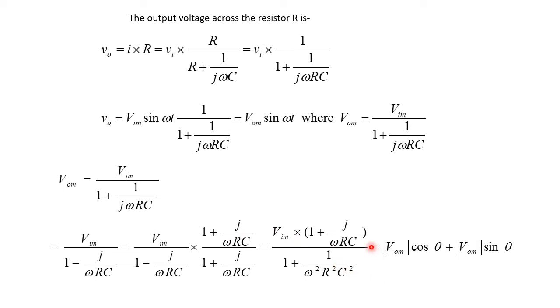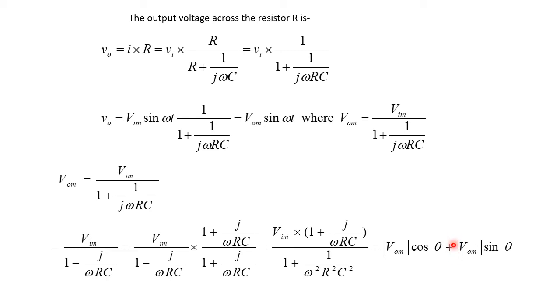Any equation which is in the sinusoidal form can be split into two parts. This is the real part and this is the imaginary part, and by mistake in the imaginary part, the iota term or j term was left out.